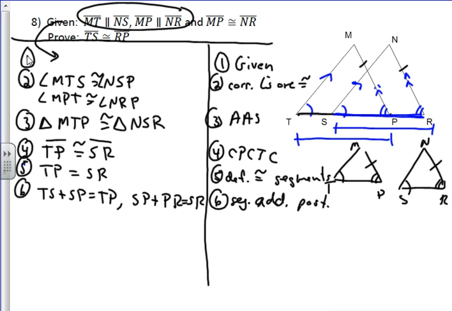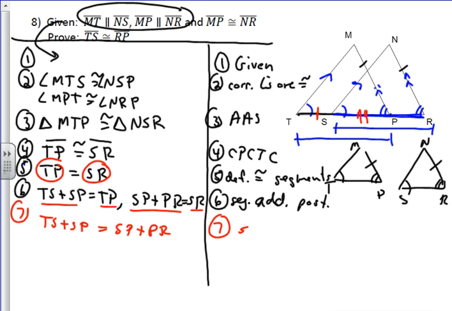It's just saying that this length plus this length equals the total length TP, and then SP plus PR similarly equals SR. Now we do a substitution. Since this equals TS plus SP, we can plug that in for this. And then since this equals SP plus PR, we can plug it in for that.